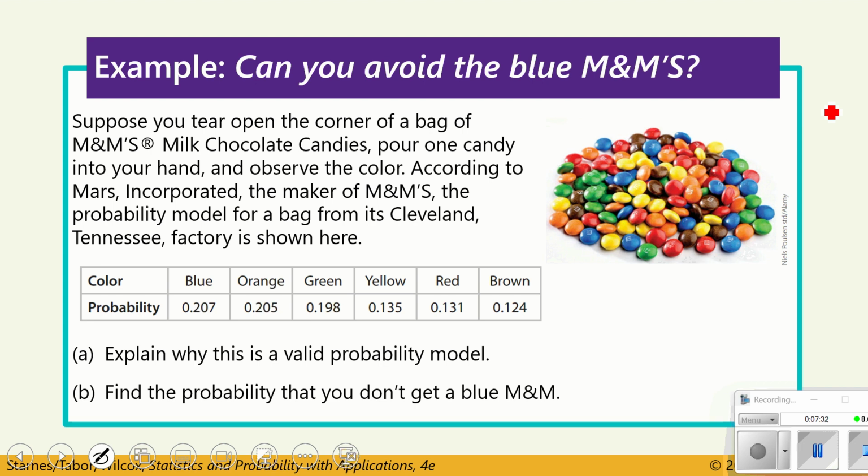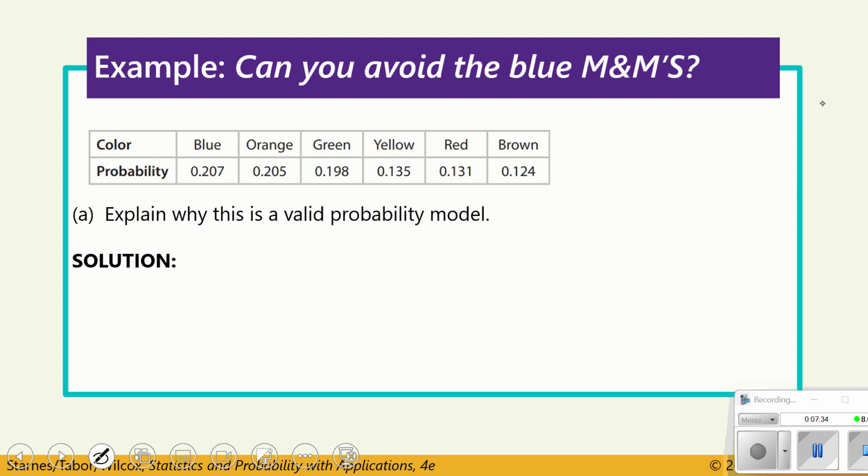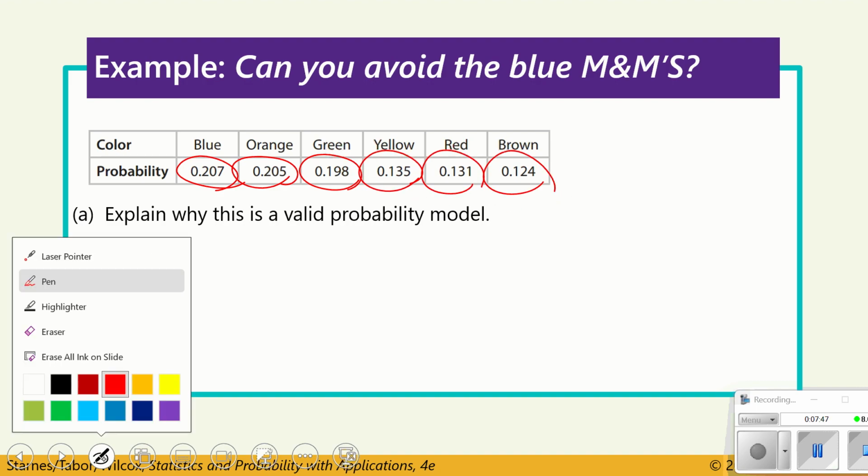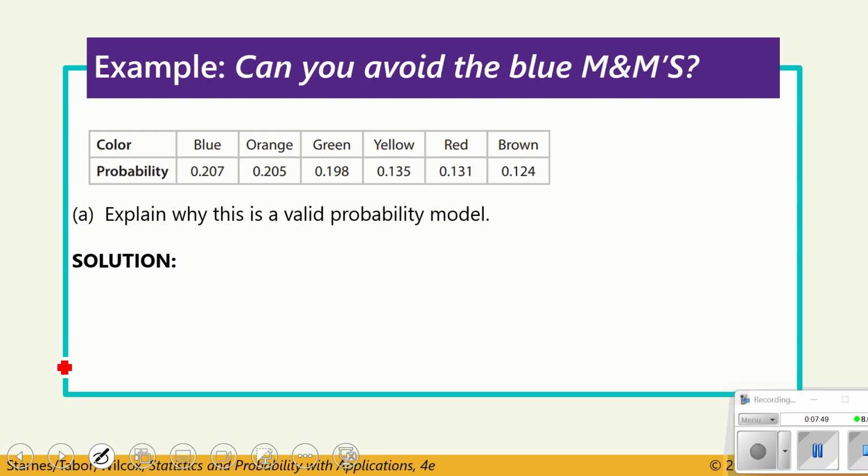Okay, so first off, in order for this to be a valid probability, all of the probabilities have to be between 0 and 1 inclusive. So as I'm looking at these, all of these are between 0 and 1. So that's the first part. The second part is that all of the probabilities have to add up to 1.